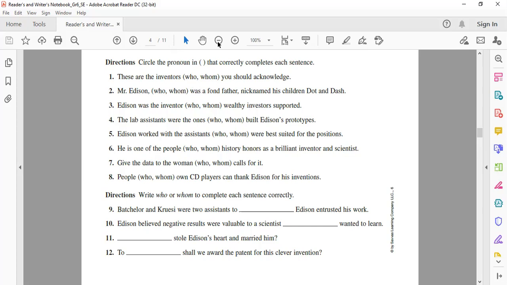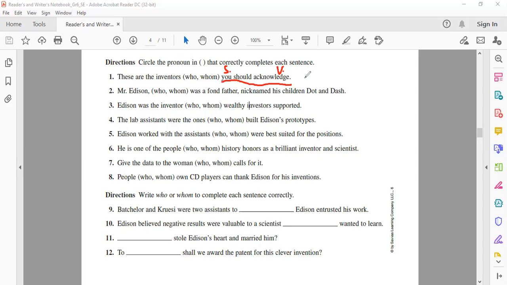What did I say? I have to go to the sentence after who or whom. Read this one. You should acknowledge. Acknowledge here is the verb. What is the subject? You, excellent. This is the subject. So we have a subject and a verb.